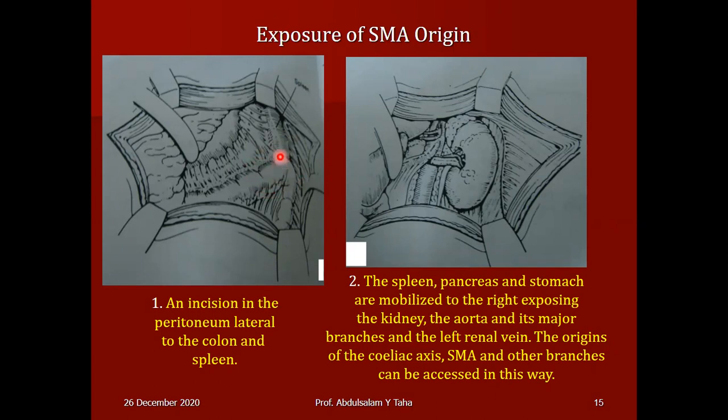Then by displacement of the colon, the spleen, and the liver to the right side, we can find the origin of the superior mesenteric artery together with the celiac axis and the left renal artery and the left renal vein. So that's the origin of the superior mesenteric artery.